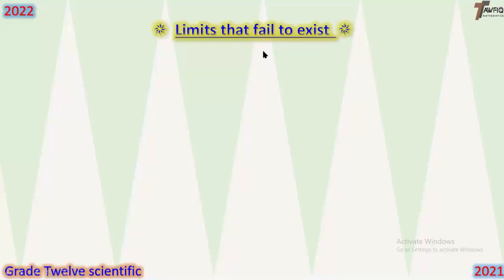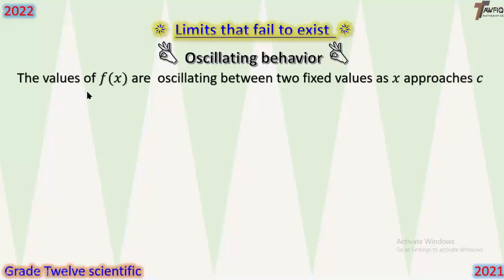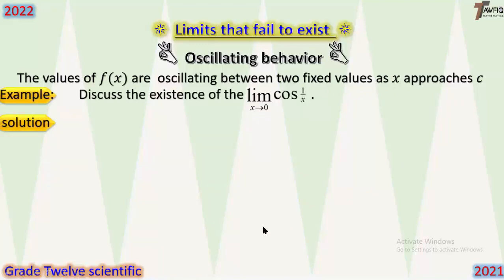Limits that fail to exist. The third behavior is oscillating behavior. The values of f(x) are oscillating between two fixed values as x approaches c. Example, discuss the existence of the limit as x approaches 0 for cosine of 1 over x.